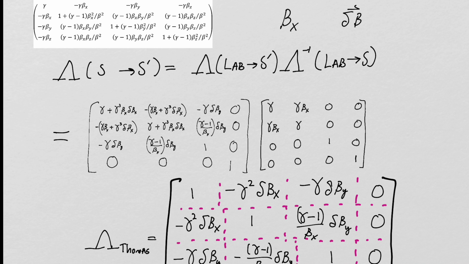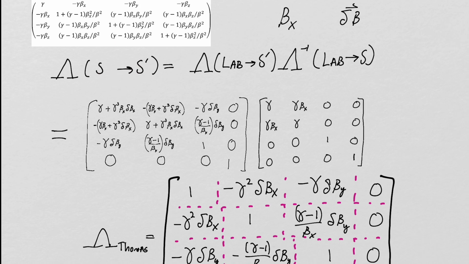So you're boosting beta x here, but you're kind of unboosting a beta x here because you're going from the electron to the lab, and then you're boosting back a beta x here. It kind of cancels out. The bulk of it cancels out, and all that's left is just a sampling of the infinitesimal boost from S to S prime, which is what you're after, right? We're after a boost from S to S prime.